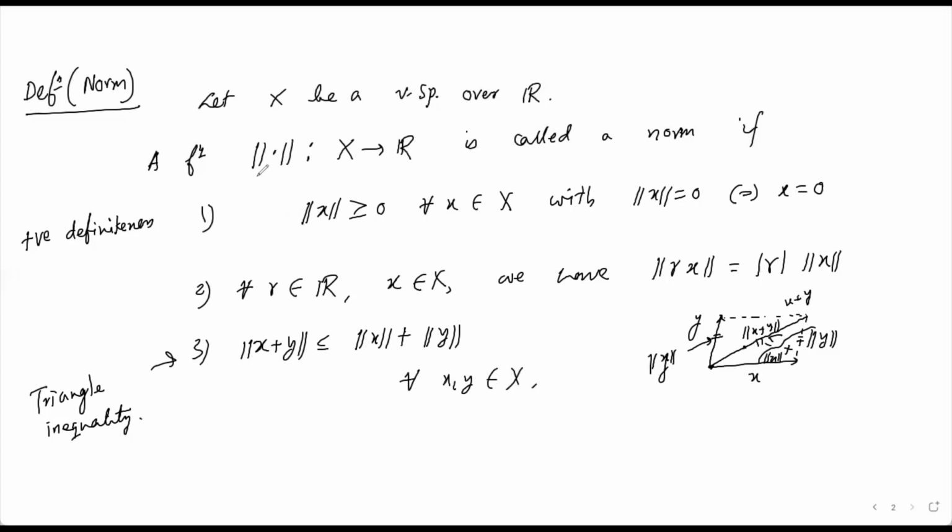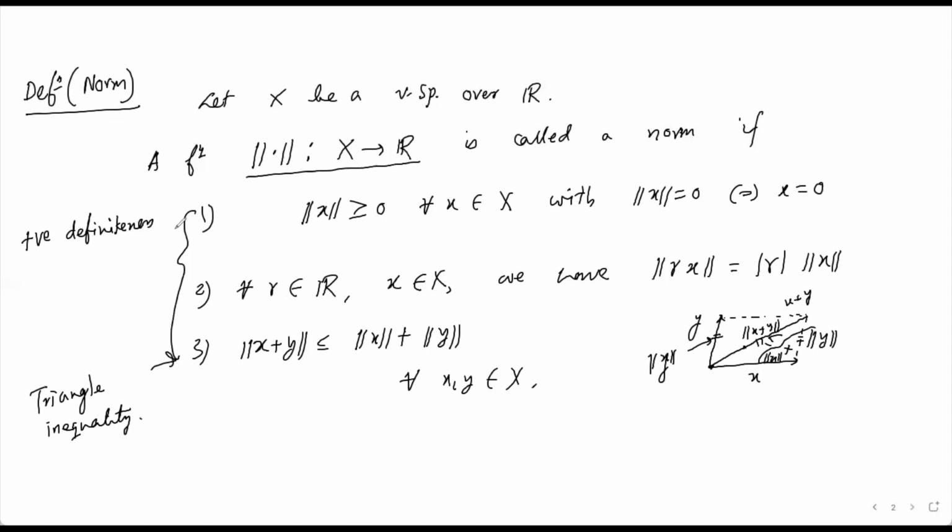Okay. So a function is called a norm if it satisfies these three conditions. And a vector space equipped with a norm is called a norm linear space.